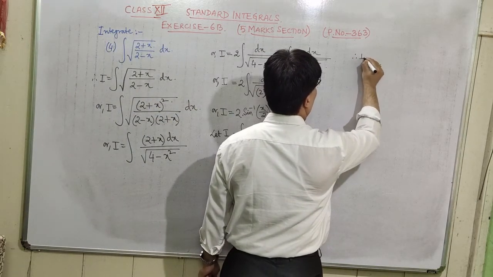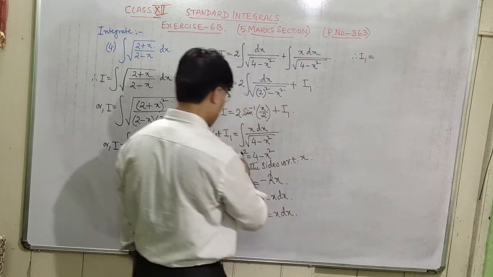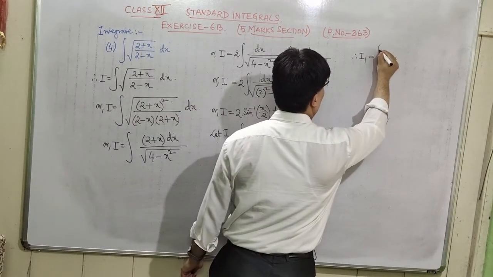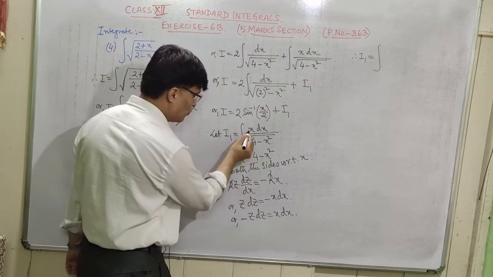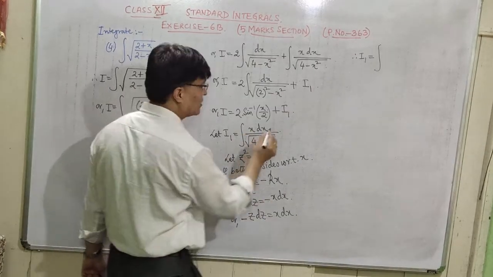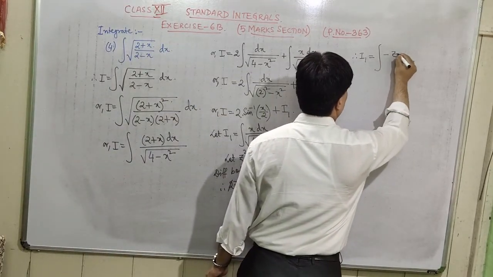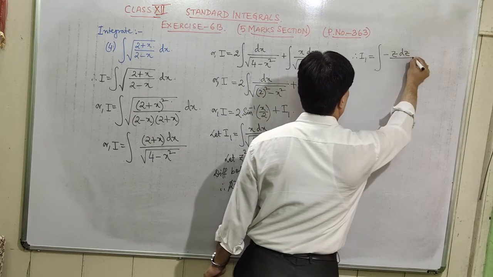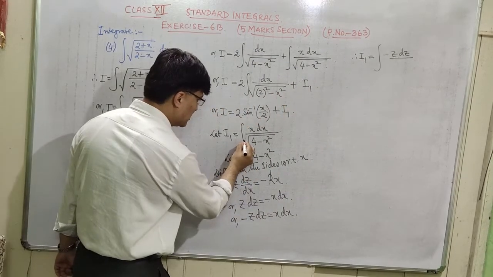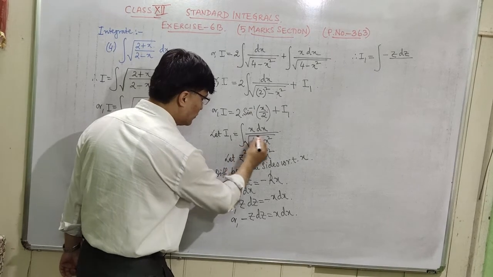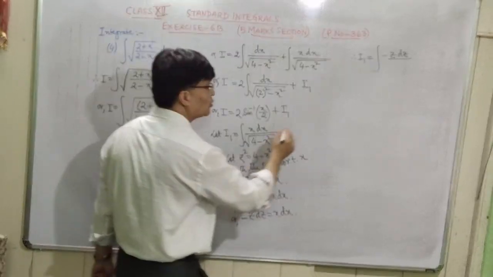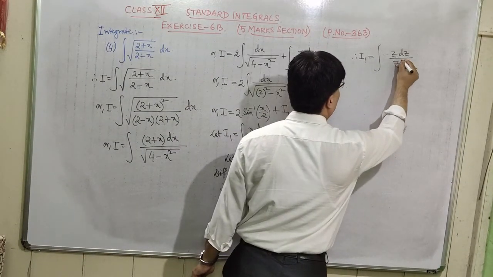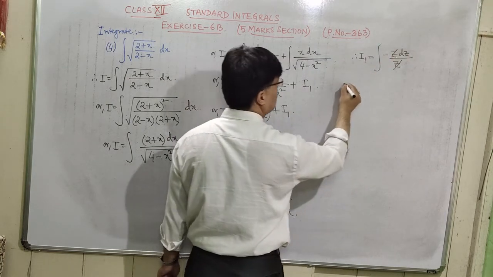So I1 is equal to integration of minus z dz divided by root over z square. What is root over z square? That is z. So here z gets cancelled.